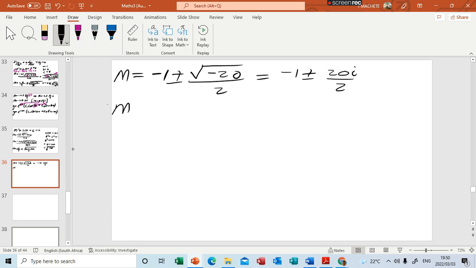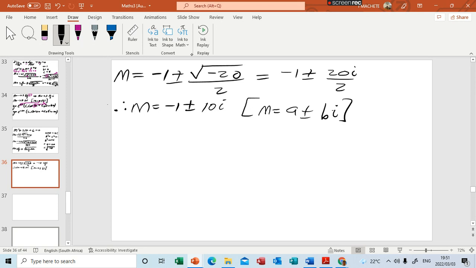Then I can conclude and say my m will be equal to minus 1 plus or minus 10i, where this minus 1 is your a, and your b equals 10.